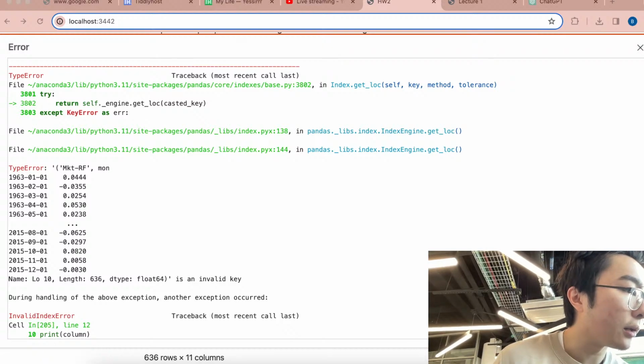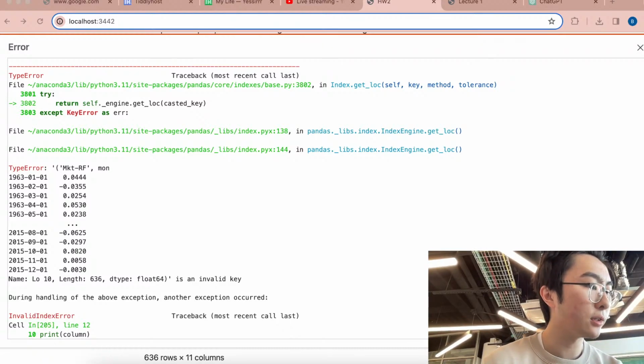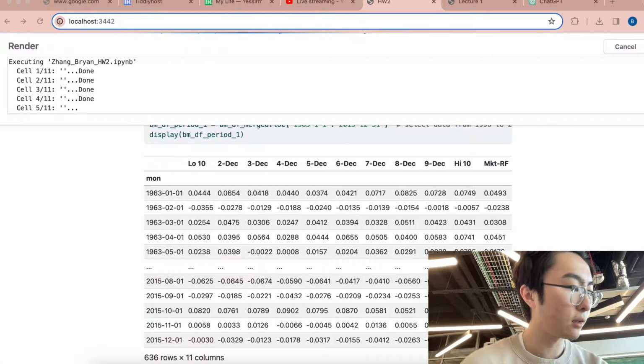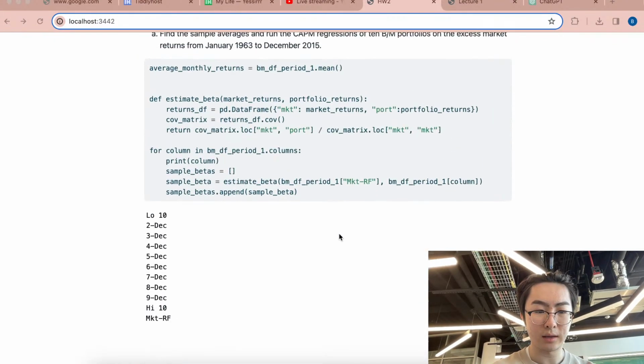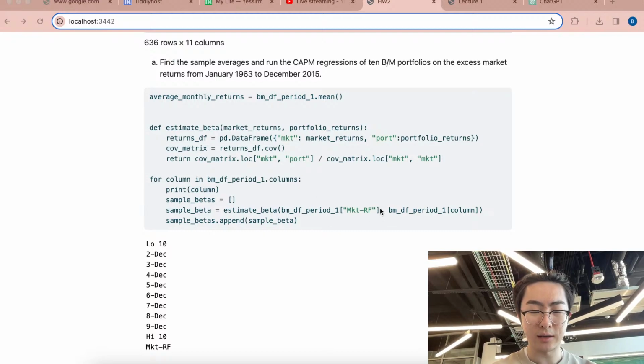Oh, okay, I think I might have found out why actually. Yeah, I think I just missed the closing brace, so that messed everything up.